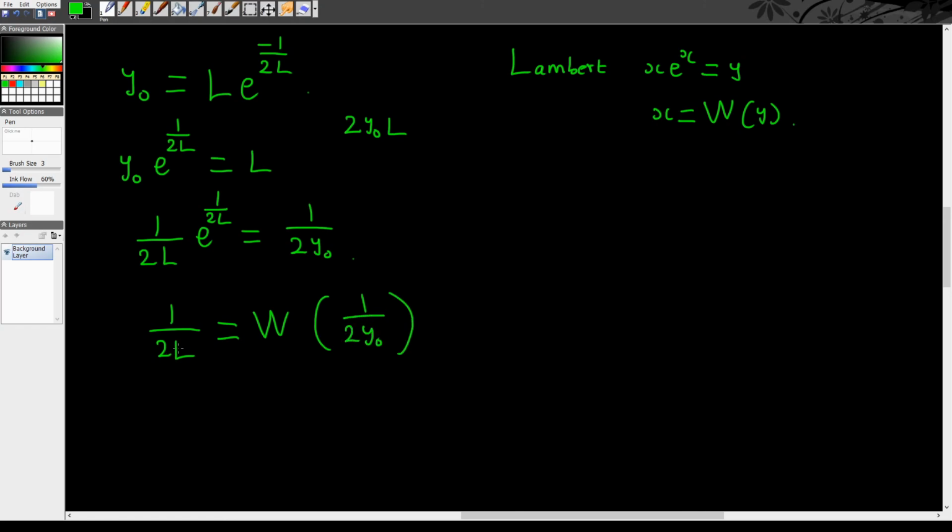And now if we multiply up by the L and divide by the W function, we'll get our approximation. So it's L equals 2 times W of 1 over 2 y naught, and then all to the negative 1 power. Now this holds for very large values of y extremely well, but it's pretty good up until about a half, where it starts to really fall apart.